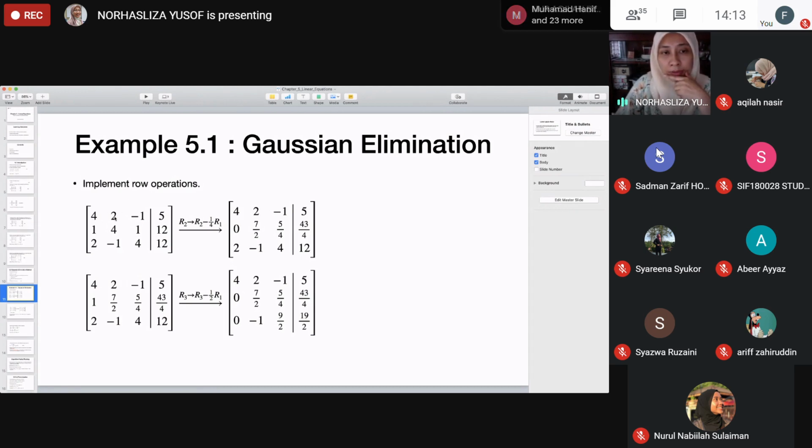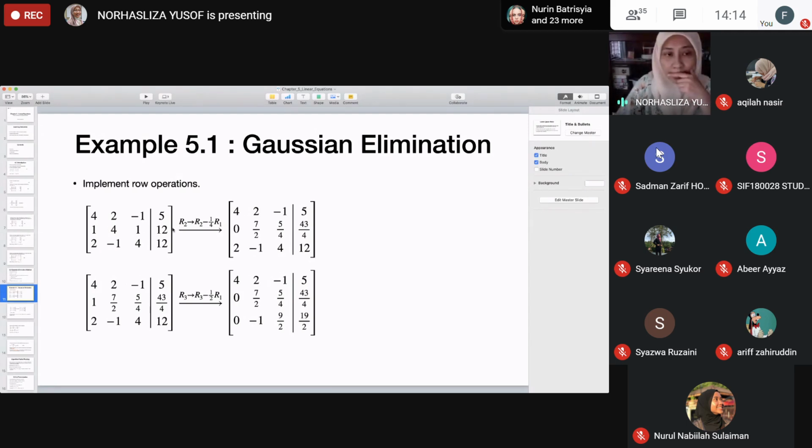When you operate on this augmented matrix, we want to transform this 1, 2, and minus 1 into 0. Why? Because after that we can solve it by backward substitution to get x3, x2, and x1. You can see there is no x written here, but x is a hidden value; it is there.